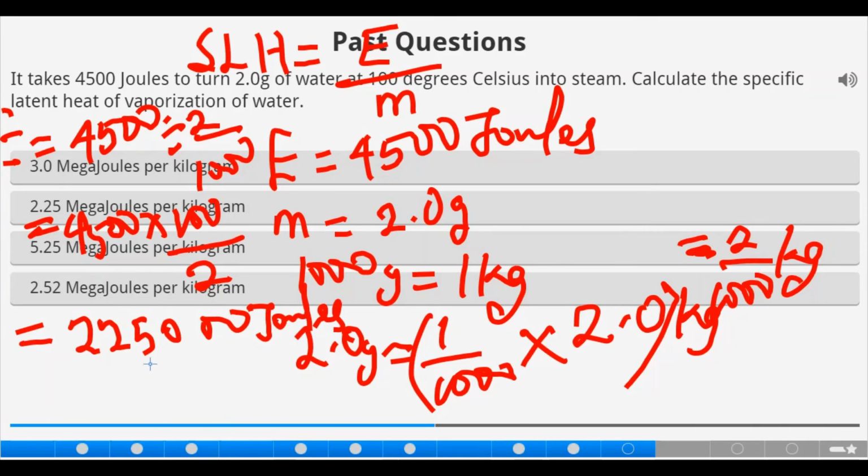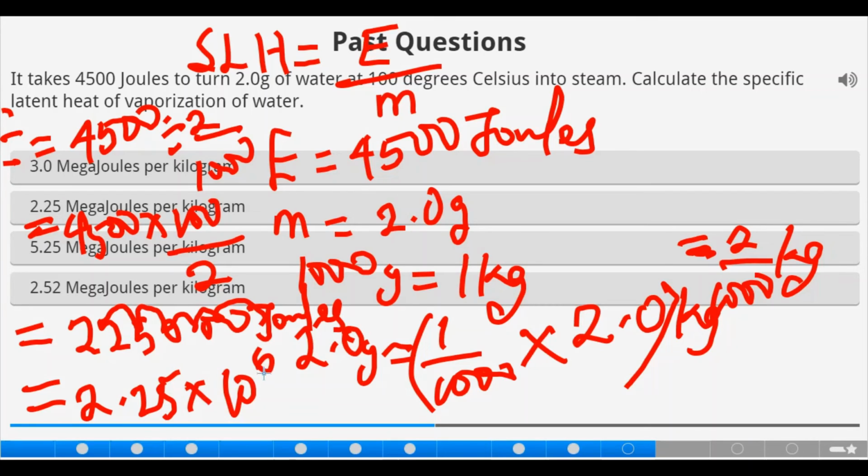So we can then say that it will now be 1, 2, 3, 4, 5. That will be 2.25 times 10 raised to power what? Times 10 raised to power 6 joule per what? Kilogram. Don't forget that 10 raised to power 6 is what?